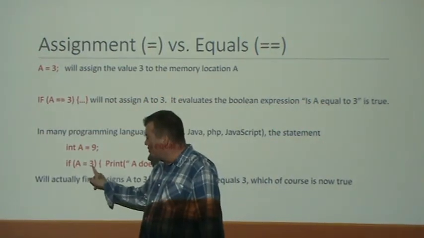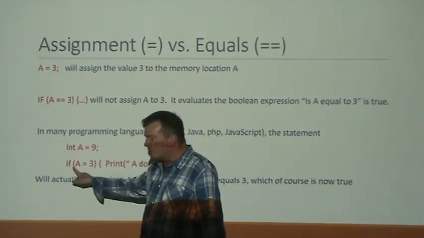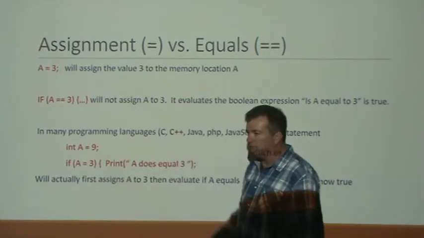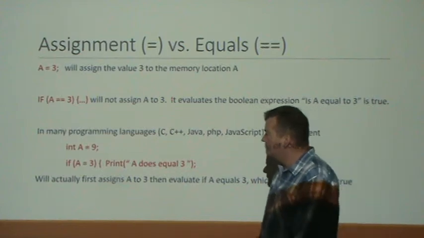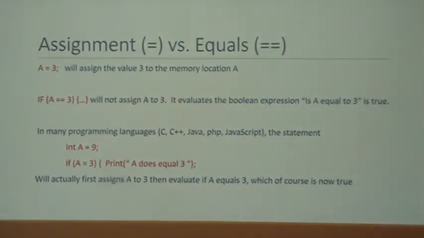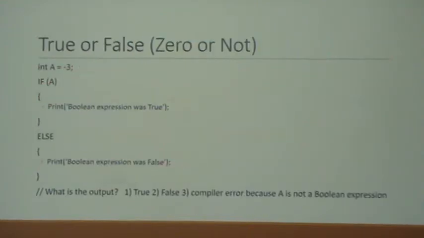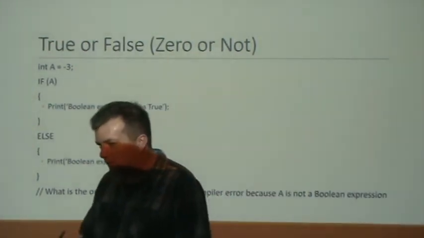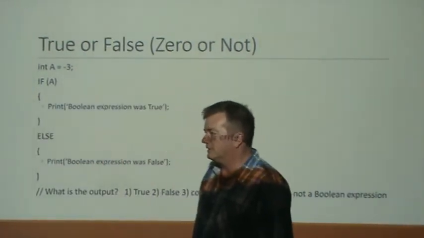So this would evaluate to true. A would become 3, and therefore the Boolean expression would be true, and you would be really confused. Why is my code not working? Okay. So that's one of the most annoying and difficult computer programming bugs to debug. You put in a single equal sign and you meant a double equal sign.